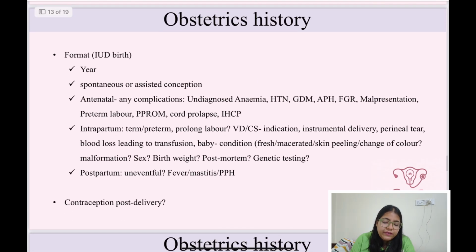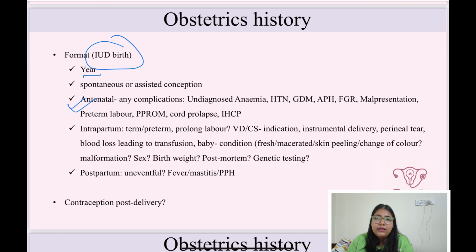Similarly, if she had a previous IUD, you ask about the year, spontaneous or assisted conception, then antenatally, because for the first IUD there may not be any reason, but if there is recurrent IUD, then we should always find out the reason why the IUD is occurring. There are some conditions which may lead to sudden IUD, and the patient may not be diagnosed with any condition in the first pregnancy.